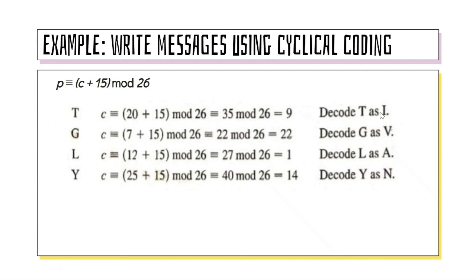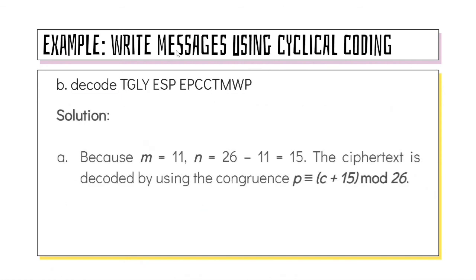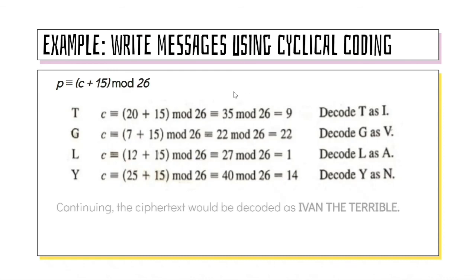So continuing the process, class, with the ciphertext we obtained, we continue and repeat the same process. When we finish, it will be decoded as Ivan the Terrible.